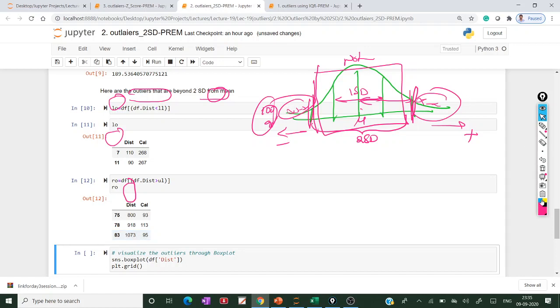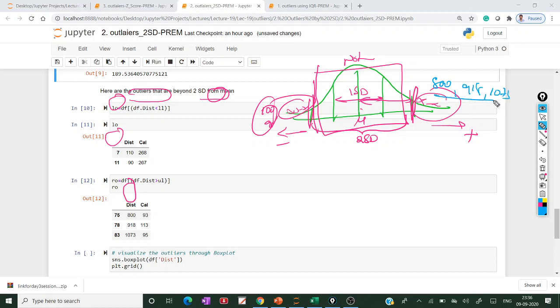So these are the values. 800, 918 and 1073 are more than the second standard deviation.